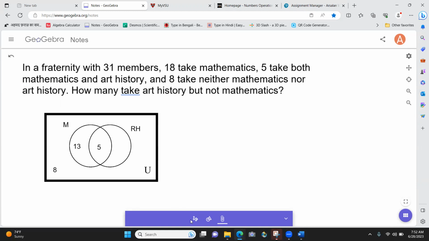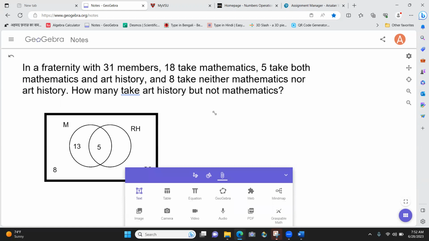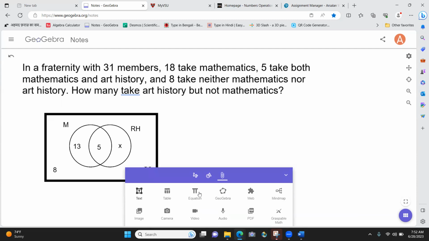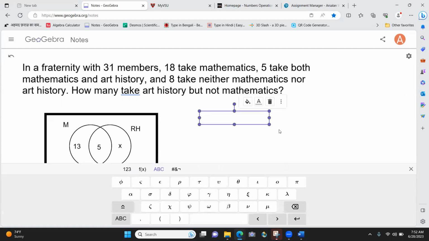Let's call it X. Remember, guys, the question says there are 31 fraternity members, right? So all these 4 numbers better add up to 31. So we can do a little bit of math. We're going to say 13 plus 5 plus 8 plus X is equal to 31.